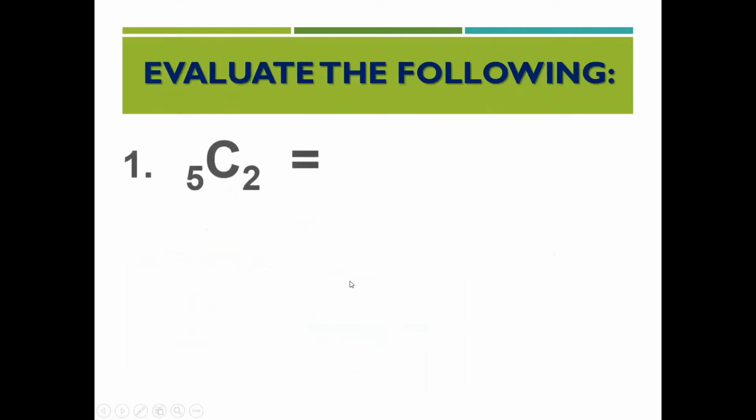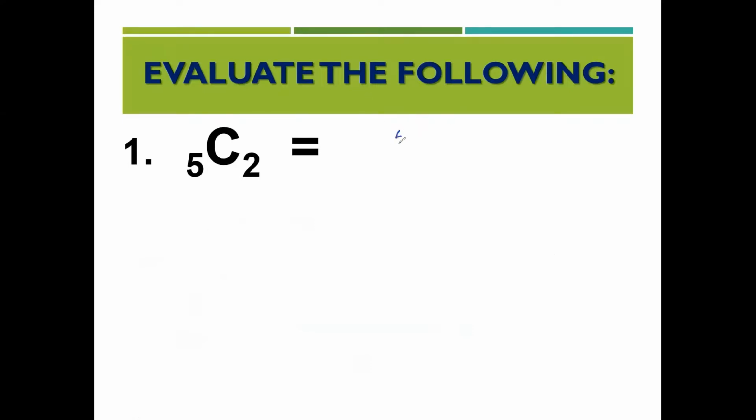So let's evaluate the following. Try it if you can do this on your calculator. Without a calculator, let me show you how to do it, because sometimes your calculator might be missing or suddenly broken, or your sibling is using it.